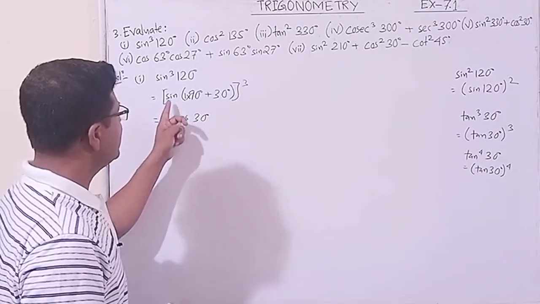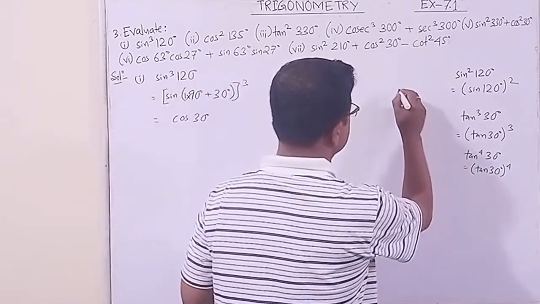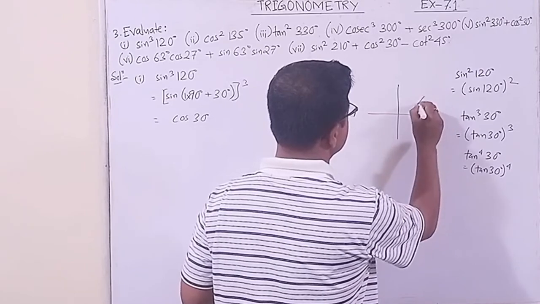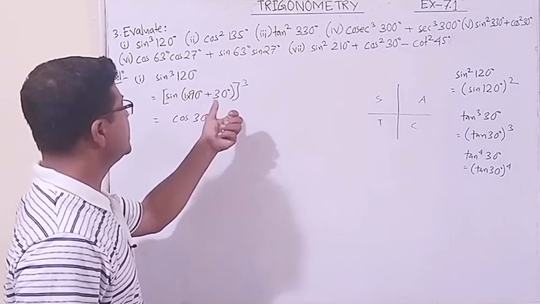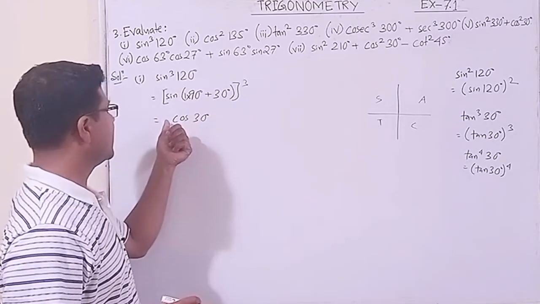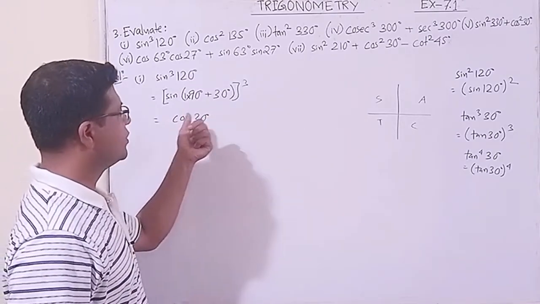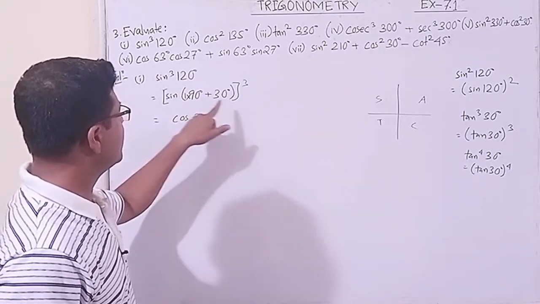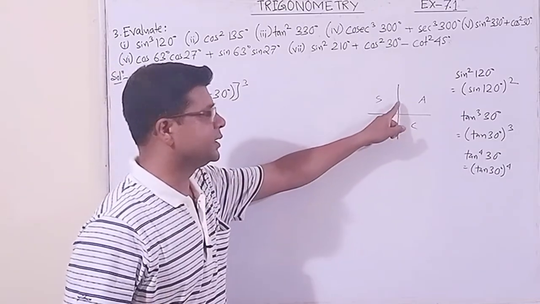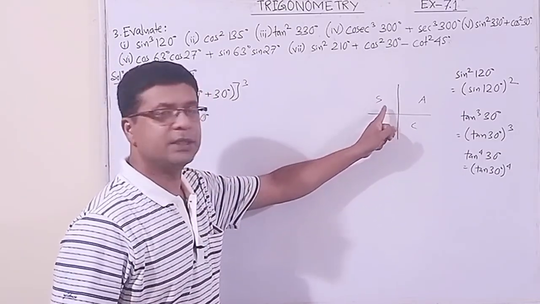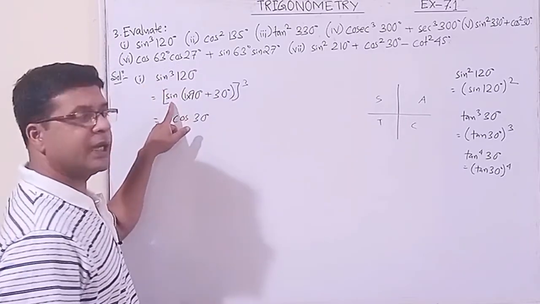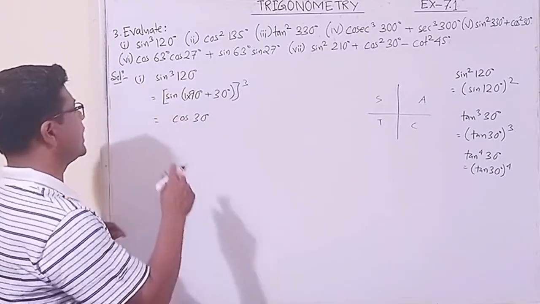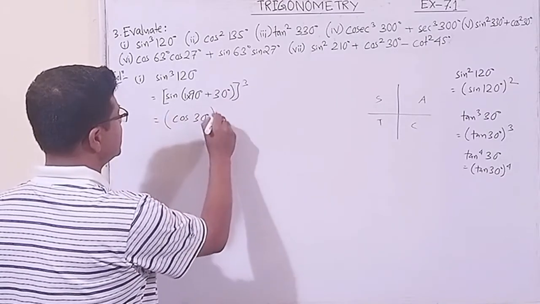Okay, now the sign will be positive or negative. Let us see. We have to go for this ASTC. This is in which quadrant? To get the sign, we have to see where it is located. 1 into 90 degree is up to this much, then plus 30. So it is in the second quadrant. In the second quadrant, is this sine positive or negative? Positive, right? So its cube.